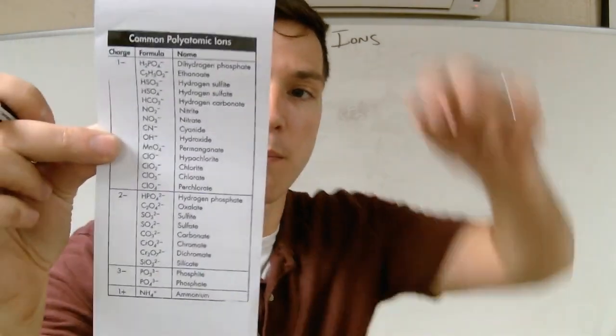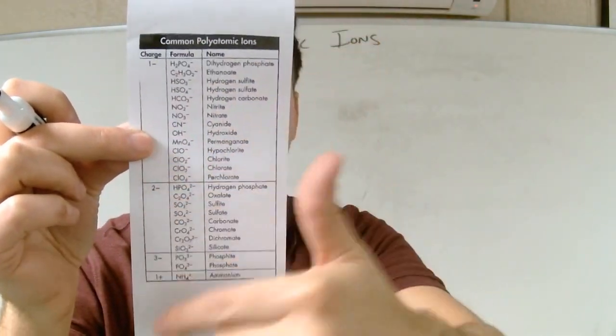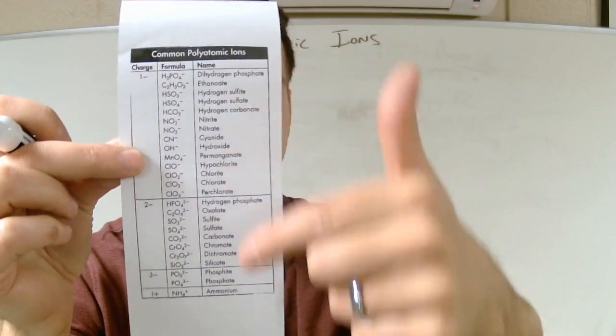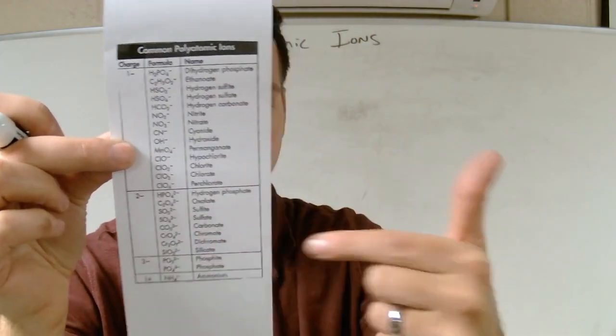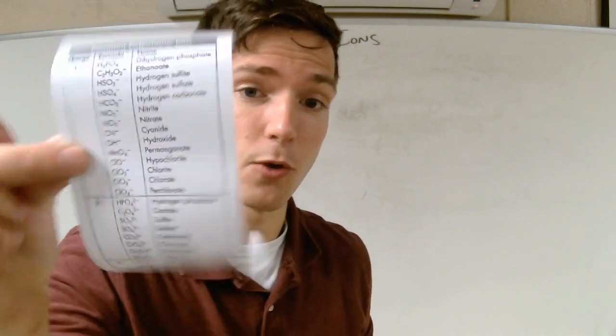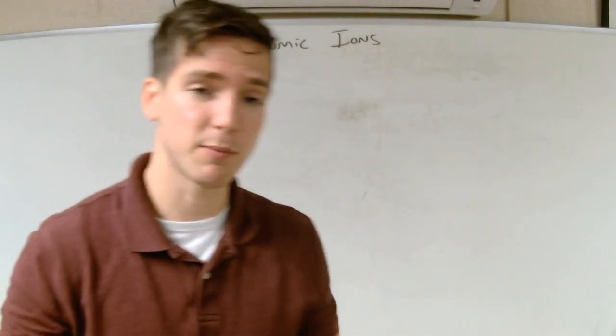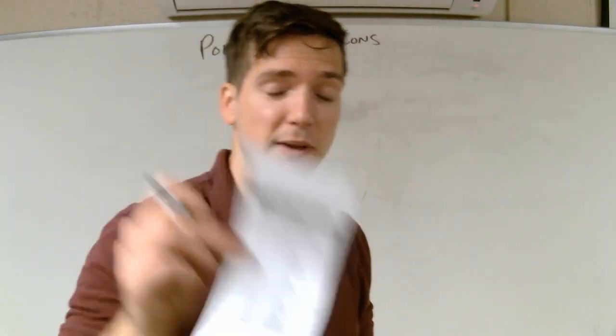It's a list of polyatomic ions with their names as well as their charges. All these have a -1 charge, these have -2, -3. And there's only one +1 polyatomic ion, and that's ammonium right there. So when you start doing worksheets, you pull out your periodic table, and you're going to pull out this guy. He's going to be your best friend.